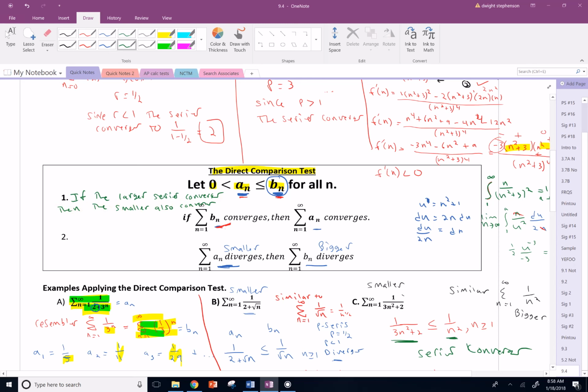That's what this first one says. And the second one says if the smaller series diverges, then the bigger or larger also diverges. So that's what those are saying in normal person language, and not that crazy symbology there.